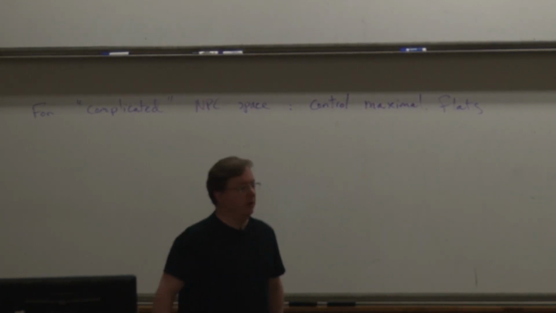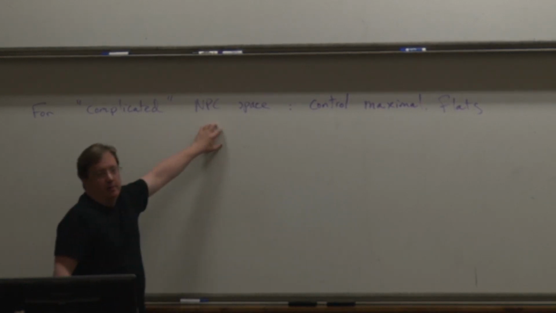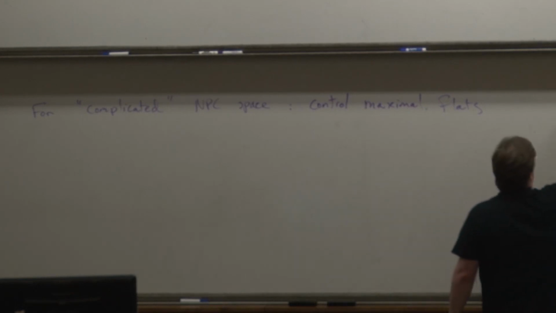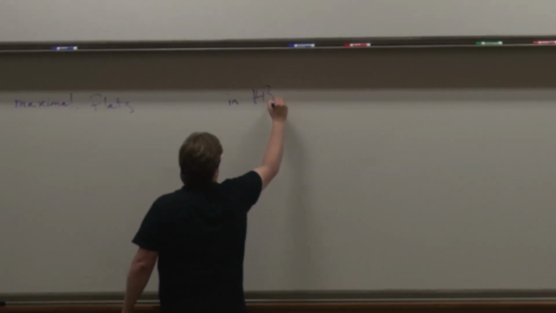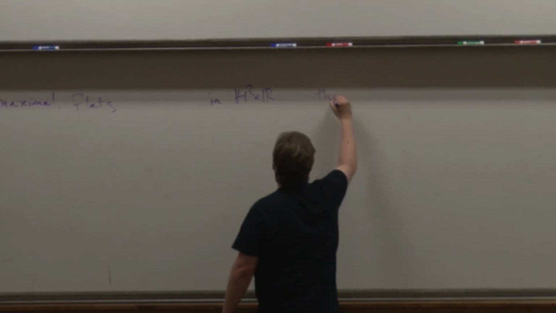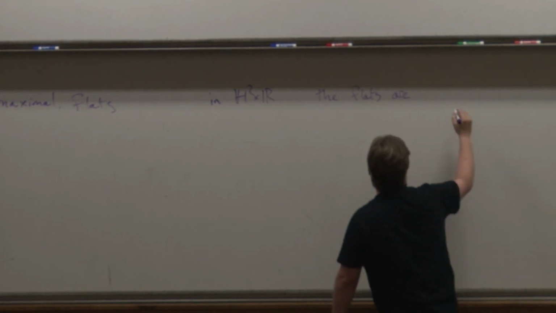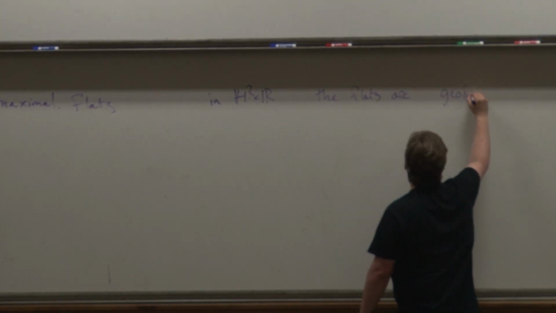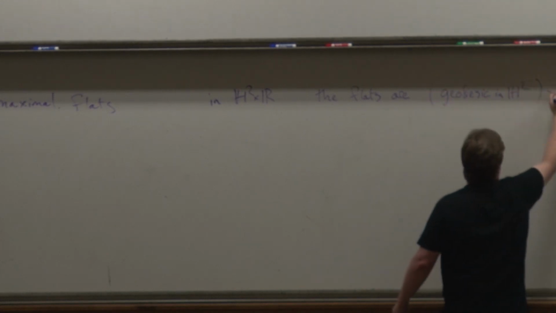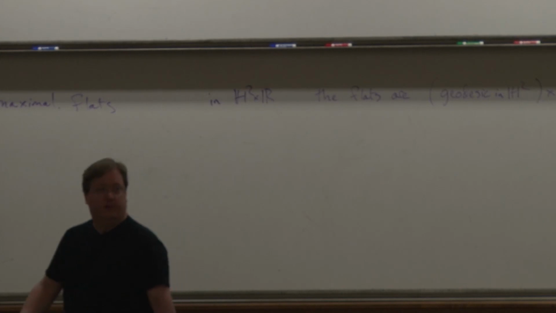Not an isometric thing, R1. When we have more Euclidean directions, we want to see what we can do with them. So for example, in H2 cross R, these are the same thing. A geodesic in H2 cross R, that's all the isometric copies of R2 that there are in there.